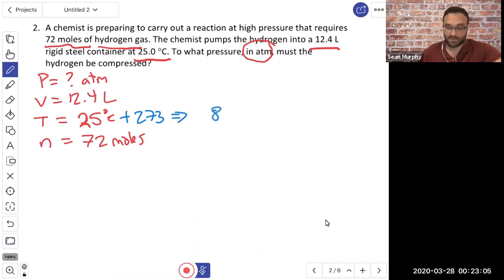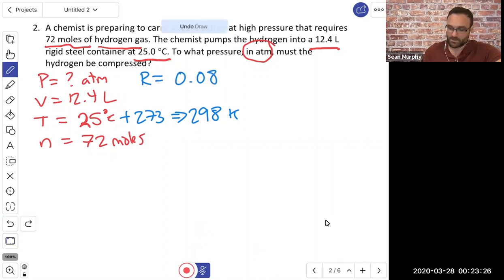What's 2 plus 7? 9. All right, so we have 298 in kelvins. And the R that we're going to be using, you just need to know which number to use, 0.0821. That's going to be our gas constant.